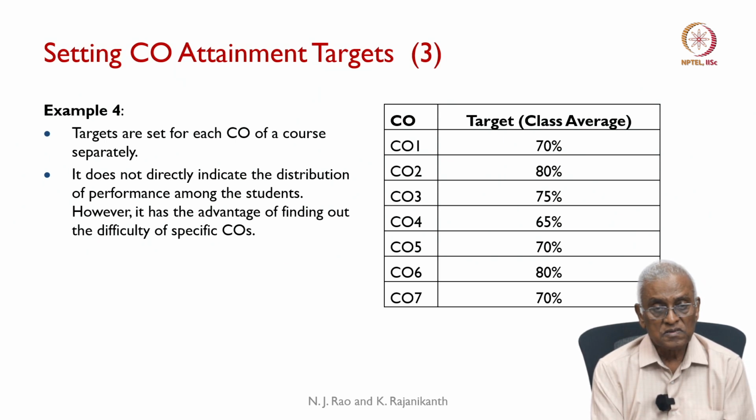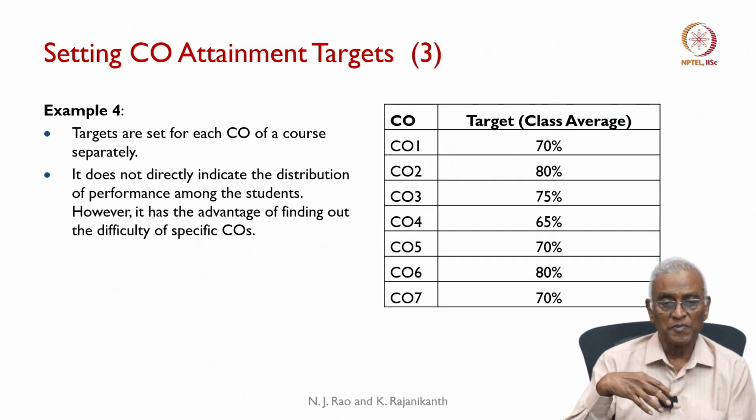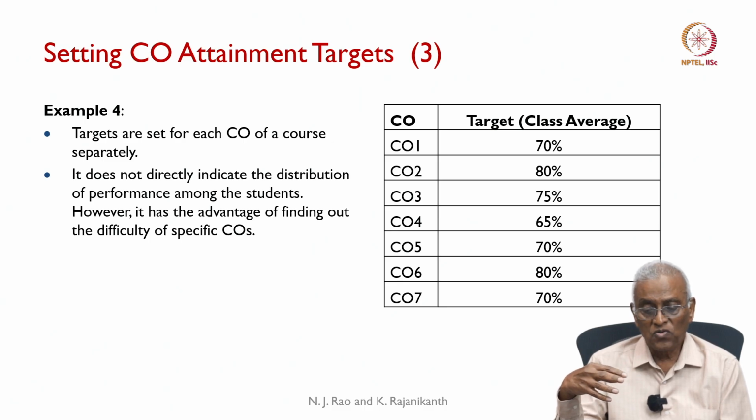This particular one has the advantage that, first of all, I can differentiate the difficulty level of different COs, and then there is specific information available to me, depending on the performance of the students, on to what extent they have achieved against this target. Let us say I set some target as 80%.